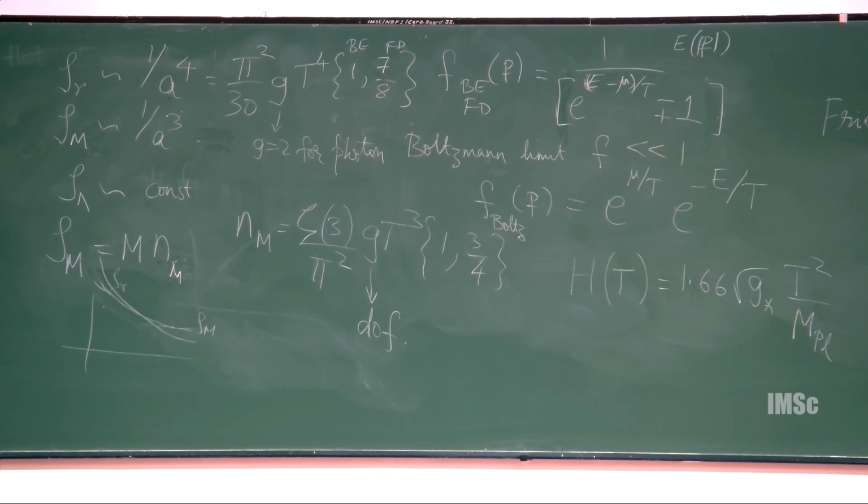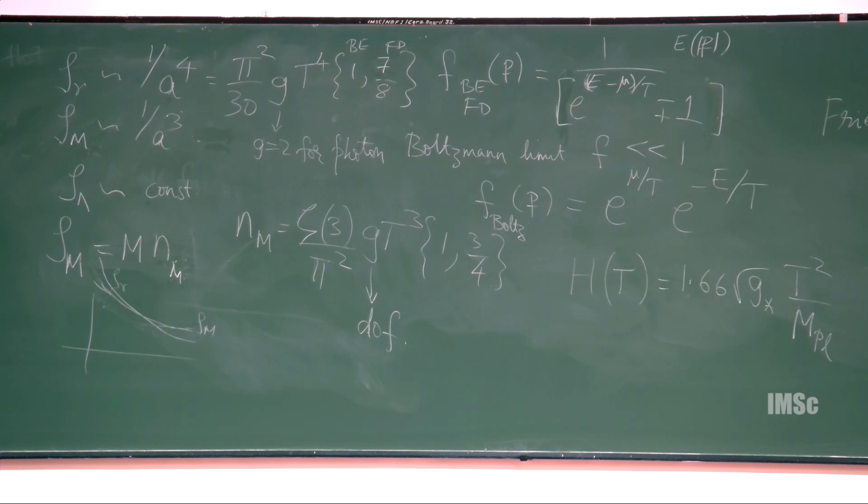And if you just count all of the degrees of freedom in the standard model, you will get something like 100 and something, right? You count all of the quarks, leptons and neutrinos and everything, you will get 106 degrees of freedom. So it is a huge number of degrees of freedom early on, but the universe has cooled so much now to 2.73 Kelvin, and now if you look at the relativistic degrees of freedom, it is very few.